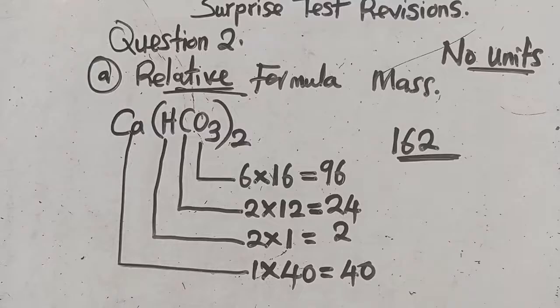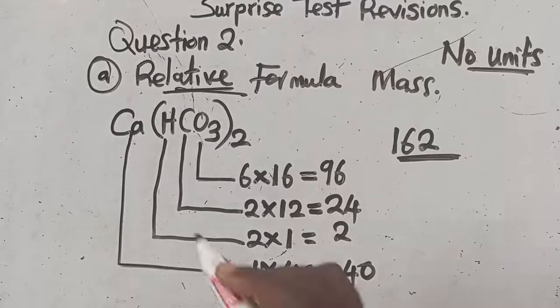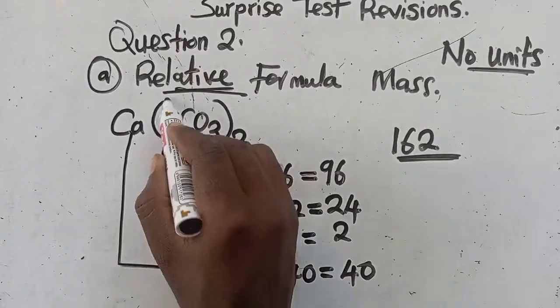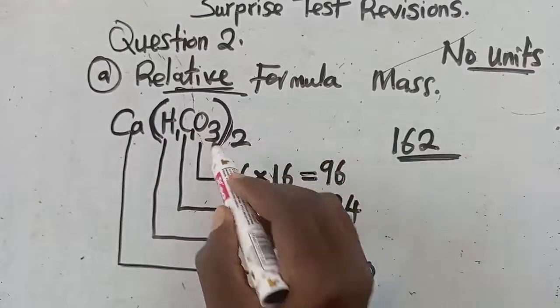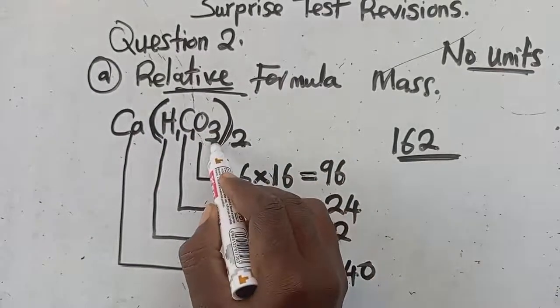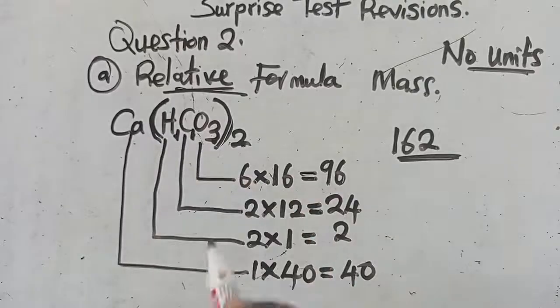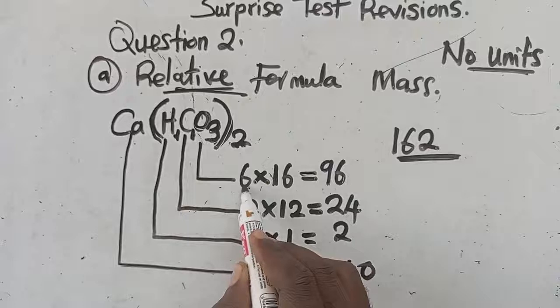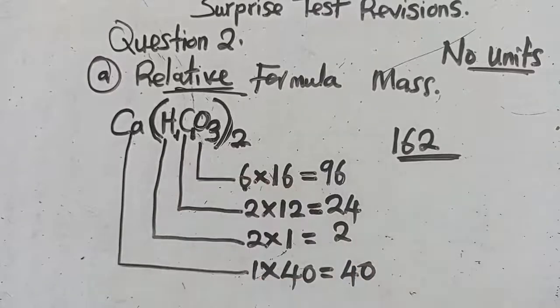Maybe someone is confused. Here there is a 1, here there is a 1. These are in brackets like this. So the 2 gets multiplied with what is there. For oxygen, there is a 3. So 3 times 2, this is a 6. Here there is 1. We don't show a 1.